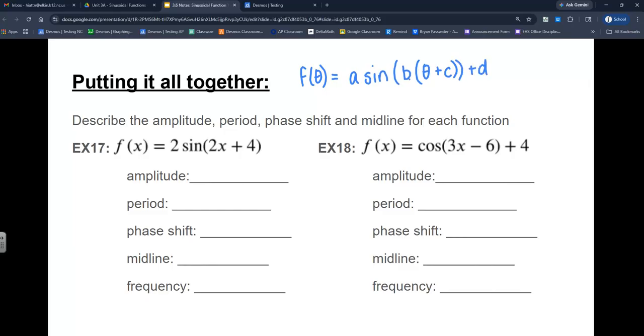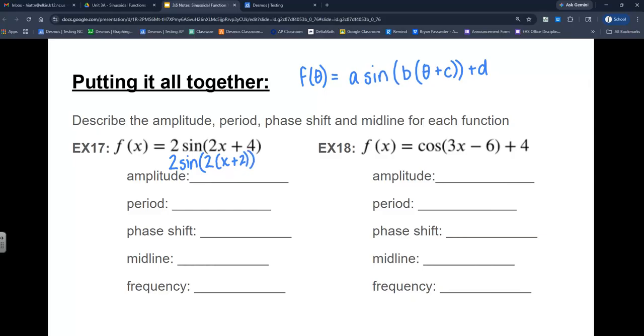So if you have a value for b and c, b must be factored out. We've got to do a little bit of work right here to get the answer right for number 17. The 2 out front just stays where it is. I have a 2x plus 4, so I could factor a 2 out of that and write it this way: 2 times parentheses x plus 2.